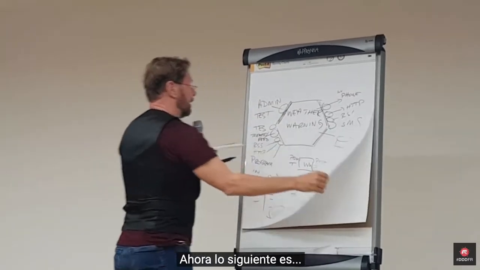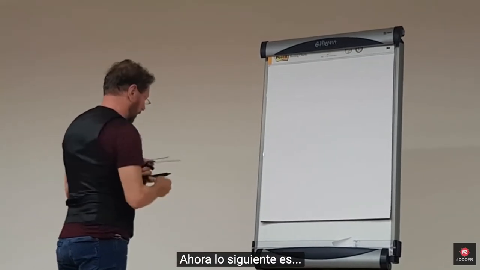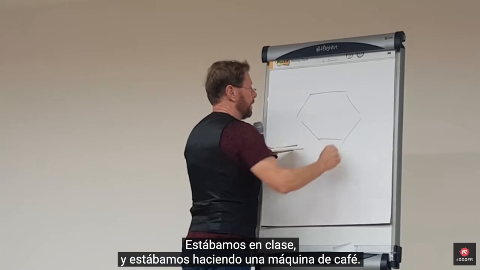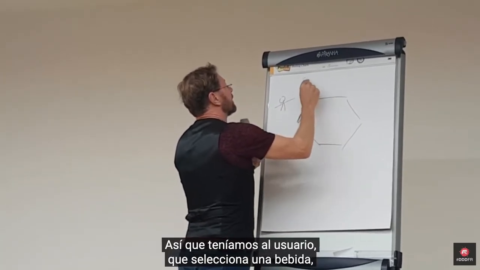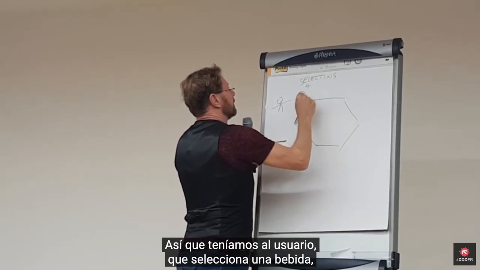Now the next time that this came up, we were just in class and we were doing a coffee machine. All right, so we had a coffee machine. So we had the user selecting a drink.